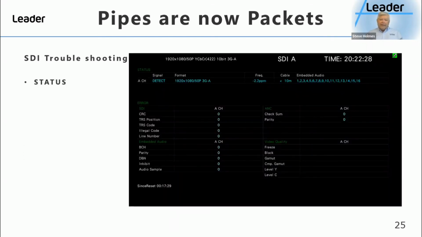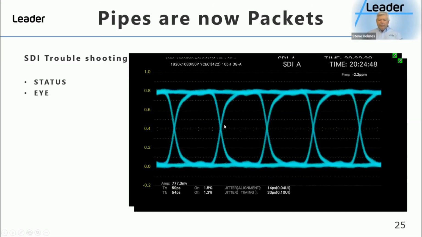So we've got conventional status displays that we've used forever. We're used to looking at CRC errors, TRS positioning, TRS code errors, line number errors, looking at the physical layer in our SDI, looking at I patterns to know that our SDI transmitter is performing how it should.